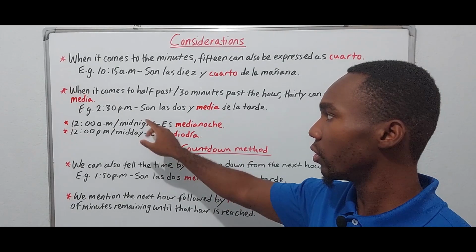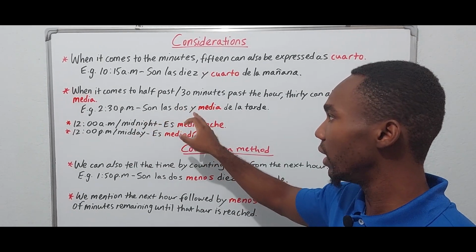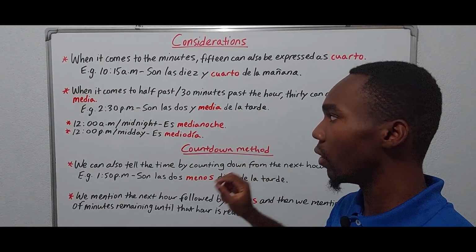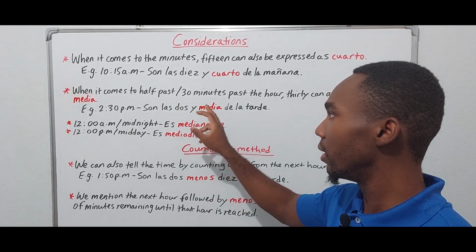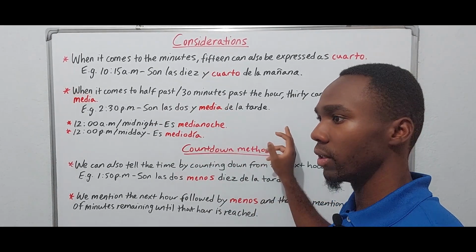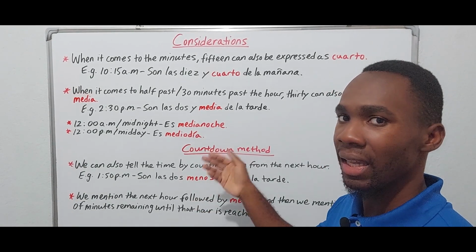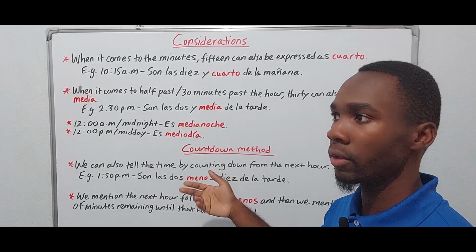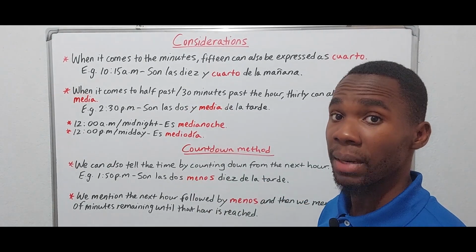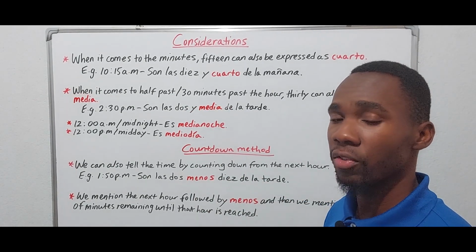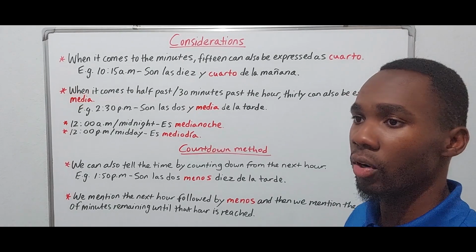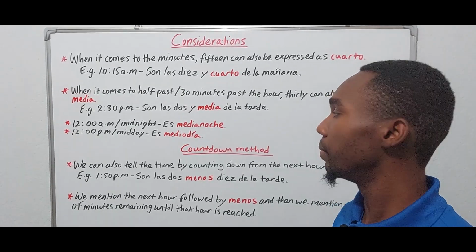So, 2:30 p.m. son las 2:30 de la tarde, or son las 2 y media de la tarde. Same thing, but of course, like cuarto, media would be more used for half past, right? But it wouldn't be wrong to say treinta.